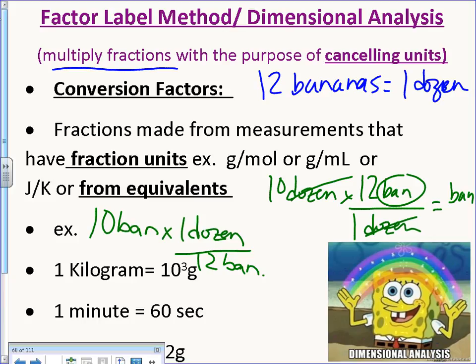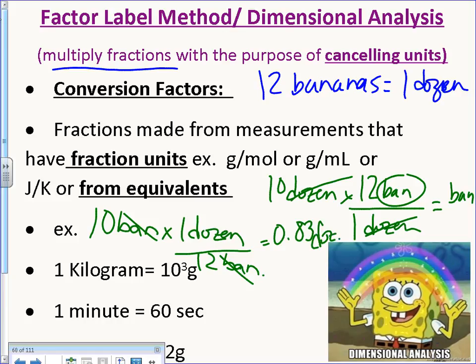And why is the 12 bananas going on the bottom? Just to cancel the bananas, numerator over denominator, leaving you with the desired unit of what? Dozens. So it's 10 over 12. That's 5 over 6, which is 0.83. So that's the final answer there. I'm not going to do sig figs right there. Dozen.